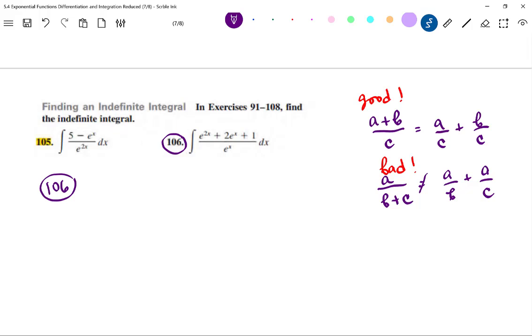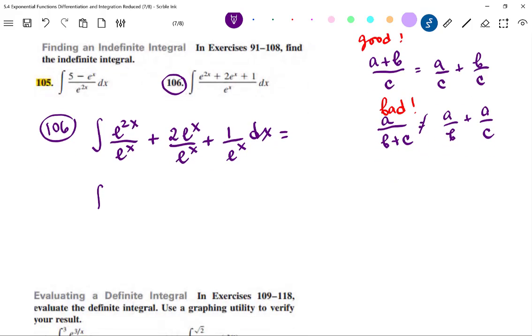So this integral here is going to look like the integral of e to the 2x divided by e to the x plus 2 e to the x divided by e to the x plus 1 over e to the x dx. And of course that can be simplified: that's e to the 2x minus x, which is just x.